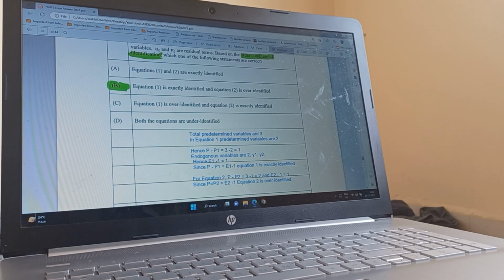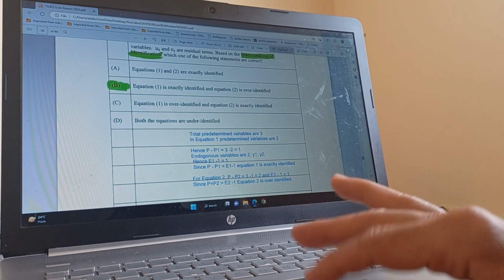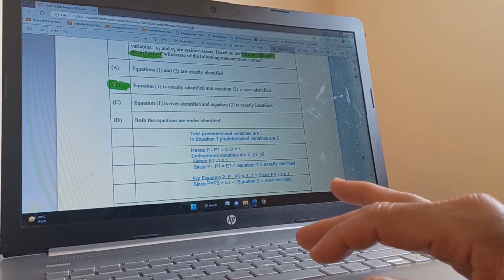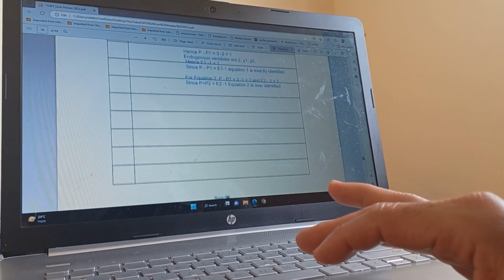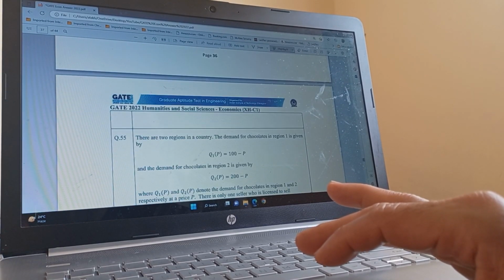You deduct the total predetermined variables minus the predetermined variables in equation 1, and in the same way you identify the endogenous variables and deduct 1 from them. If after deduction P minus P1 is equal to E minus E1, the equation is exactly identified. So that's the way of identifying the equations.